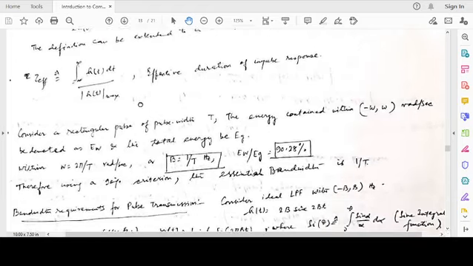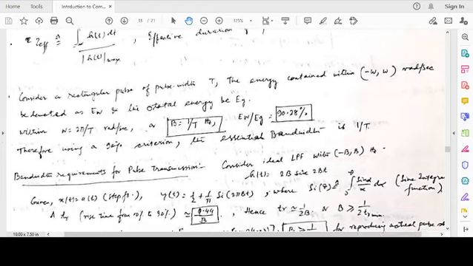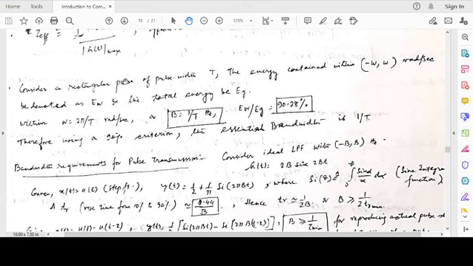So these are one such definition of effective bandwidth and effective duration of an impulse response. However, there are certain other definitions which people have used over time. So consider a rectangular pulse of pulse width T, for example the previous case, from minus T/2 to plus T/2. We define the bandwidth as the energy contained within, let's say, minus W to W if it is radian per second, or minus B to plus B in hertz.